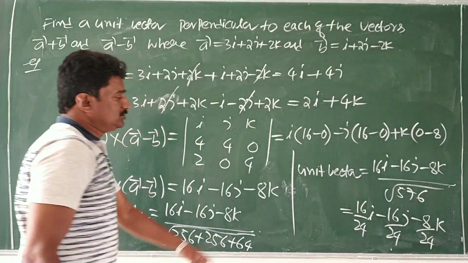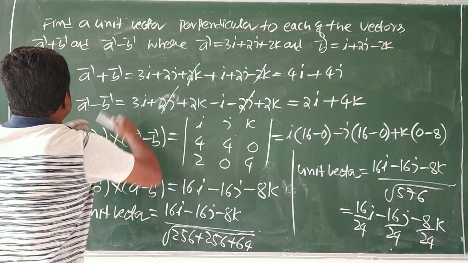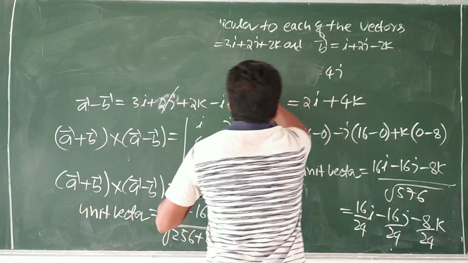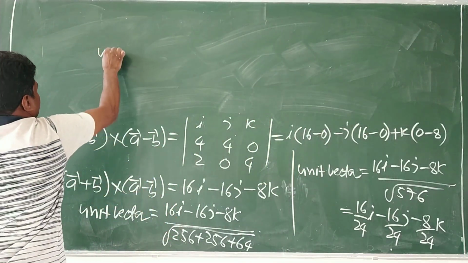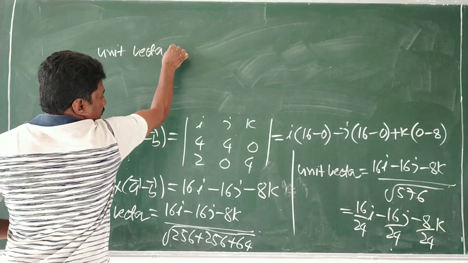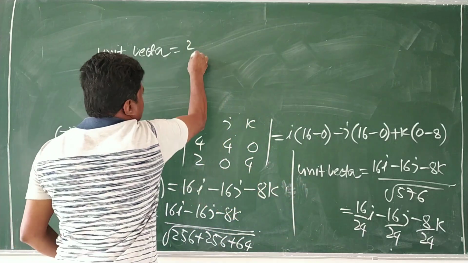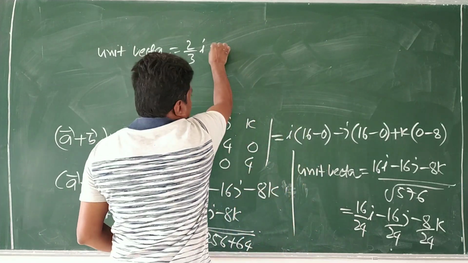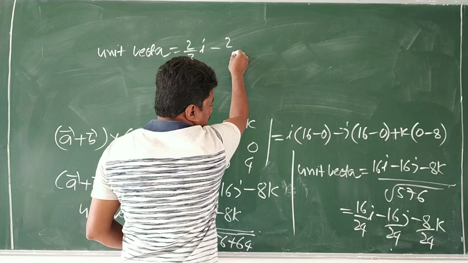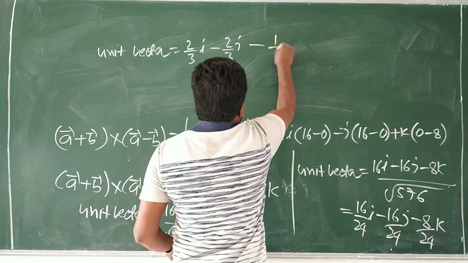Simplify that, students. So write the unit vector. 8 2s are 16, 8 3s are 24. So 16 by 24 is 2 by 3, and 8 by 24 is 1 by 3 k.